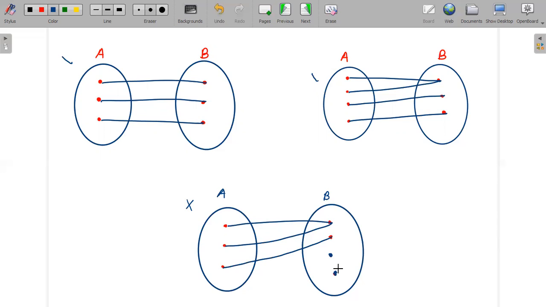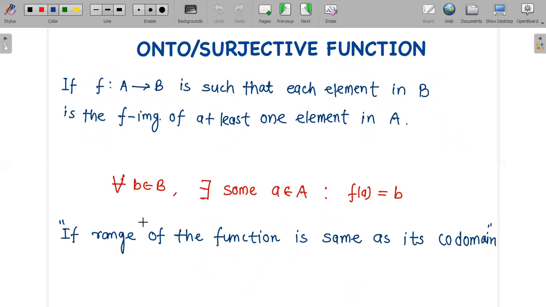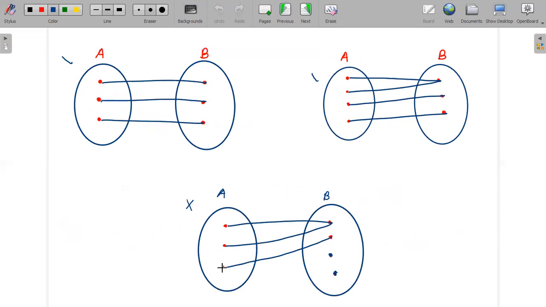That means I am stating that the range of that function should be the same as its codomain. So if range is equal to codomain, this is what we are focusing upon. If you find the range of that function and prove that it is equal to the codomain, that means we are ready to comment whether the function is onto or not.